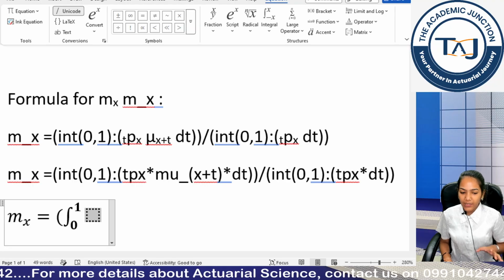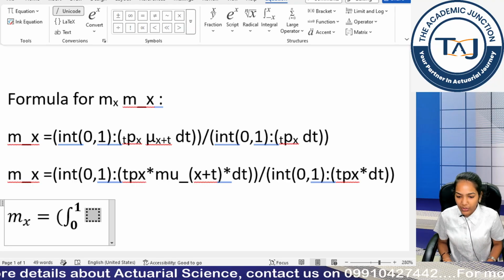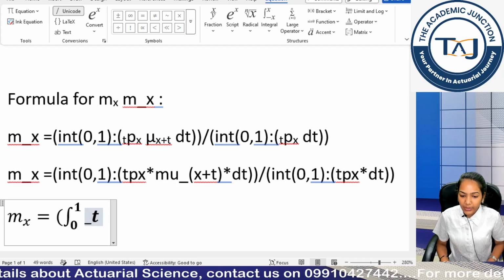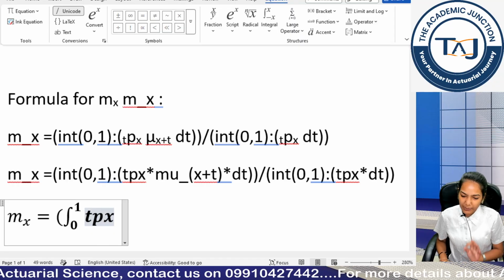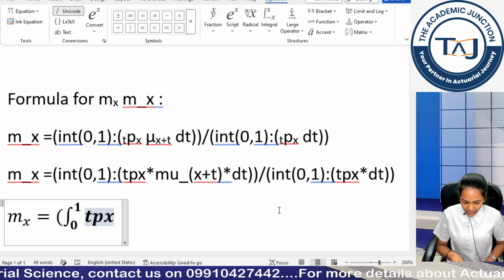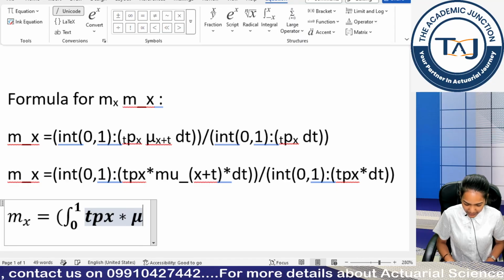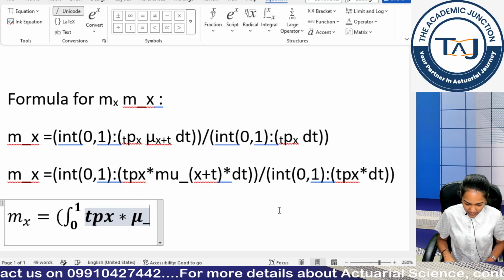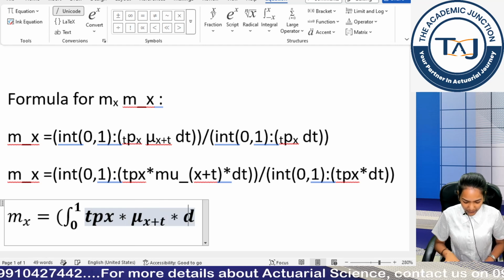Now we put in whatever we had within the integral. So we have tpx mu x plus t. Again I told you, you would not be able to get this t sign in the denominator. So rather than doing this, you will simply write tpx. That's also an easy approach. Again in mu x plus t, you can write backslash mu, then we have x plus t in the denominator, and we have dt.